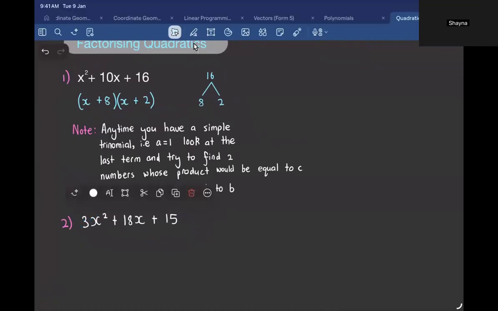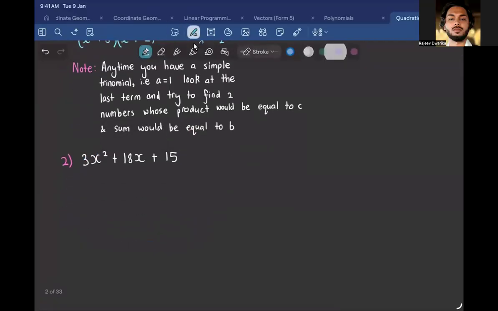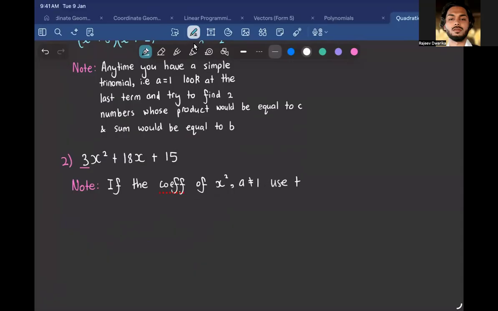Yeah, it's 3. If the coefficient of x squared, a, is not equal to 1, use the AC method.